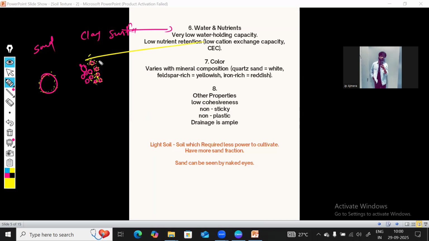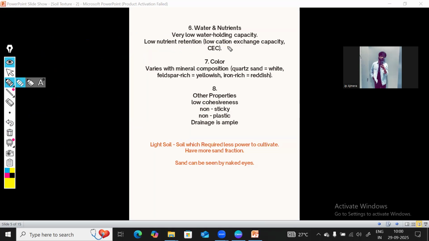It's as simple as that. Sand cannot hold maximum nutrients and water. It has very low water holding capacity, because the particle size is larger and the force of adhesion and cohesion is very low.